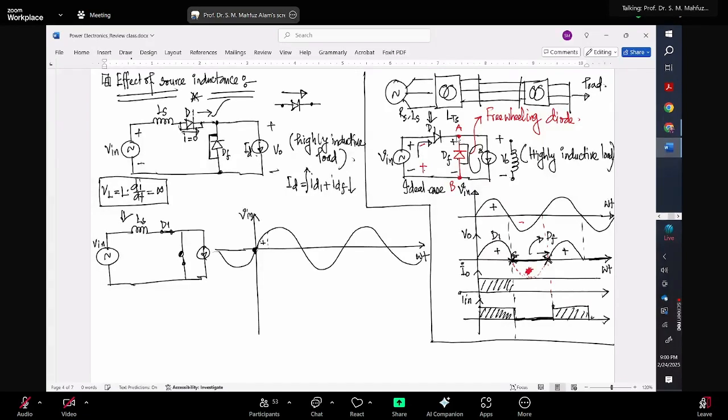So what should be the voltage across the inductor LS? My VL should be LS multiplied by di over dt, and since DF is also short, this entire input voltage for the positive peak will appear across the inductance, right?